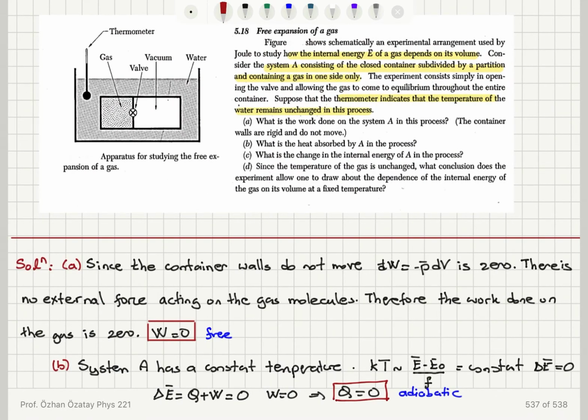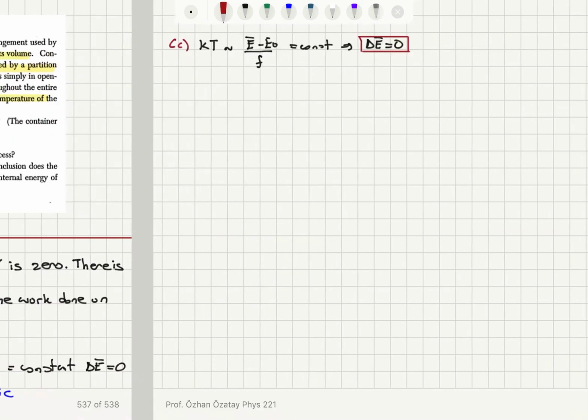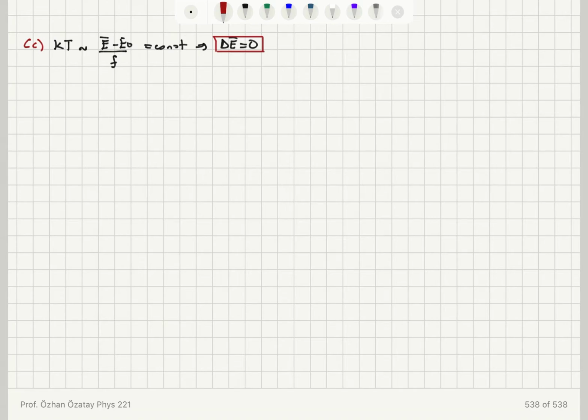Besides, we could also argue that there is no heat exchange, because if there was heat exchange, I would observe a change in the temperature of the water that I'm measuring. So you can also say that Q is equal to 0 because the thermometer indicates no change in temperature. So that's an alternative way to argue about this.